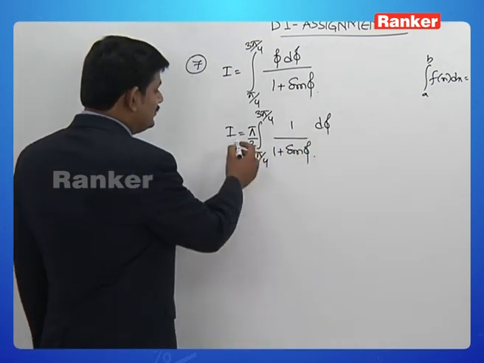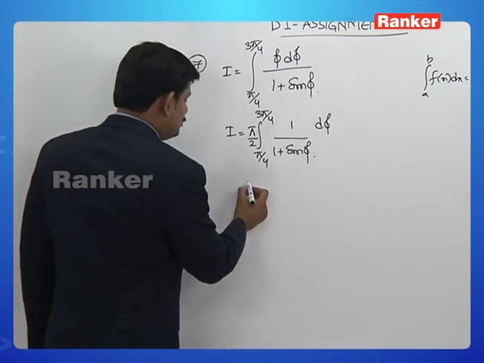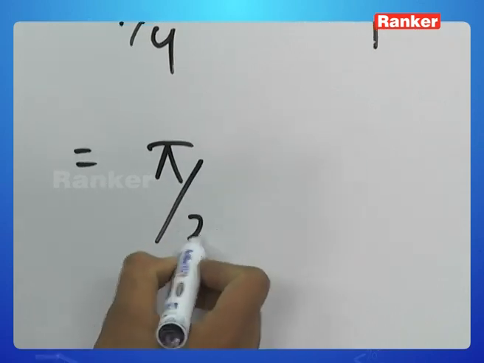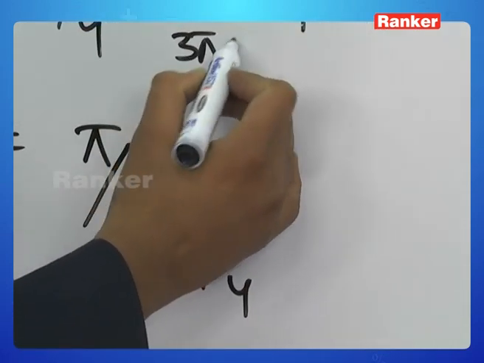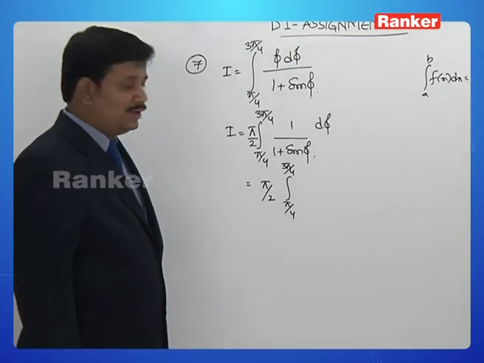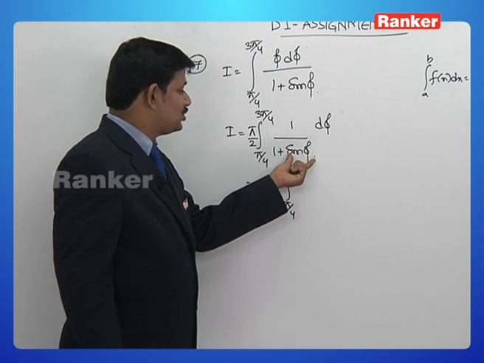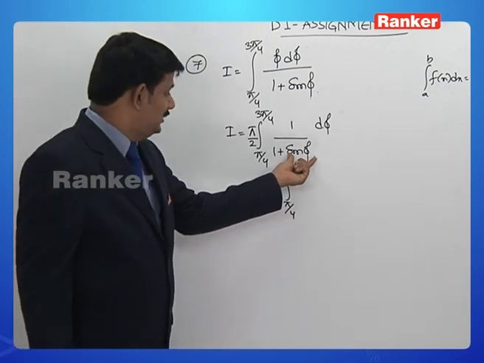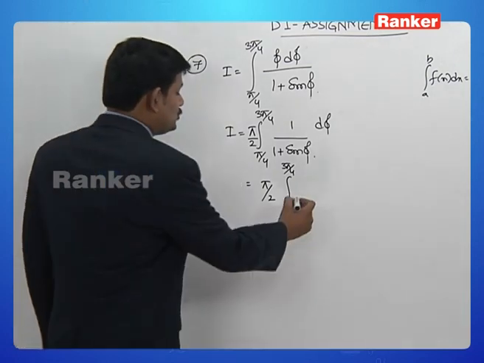Now, evaluation of this integral is simple, this is a standard integral. So, I will be pi by 2 into, to evaluate this integral we can follow various methods, one of which is I can write sin phi as cos of pi by 2 minus phi, and 1 plus cos theta is 2 cos square theta by 2.